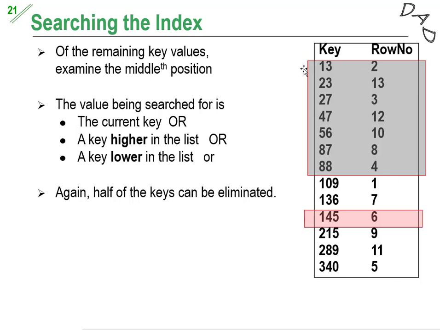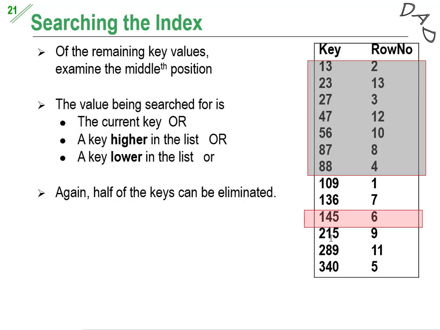It has already eliminated half of the index, and then again it splits into two and takes the middle position, and then sees whether the key that we are searching, 289, is located in the upper portion or in the lower portion. In this case it is located in the lower portion.